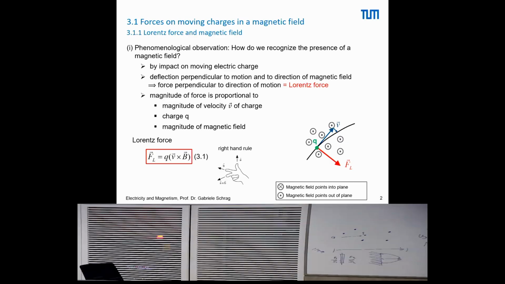So it depends on the velocity of your particle and the charge of this particle. And you can use a right-hand rule. You have your velocity. If you point with the thumb in the direction where the particle is moving, and you take your index finger to point into the direction of the magnetic flux, which comes out of the plane here, then the third finger, the middle finger, will give you the cross product.